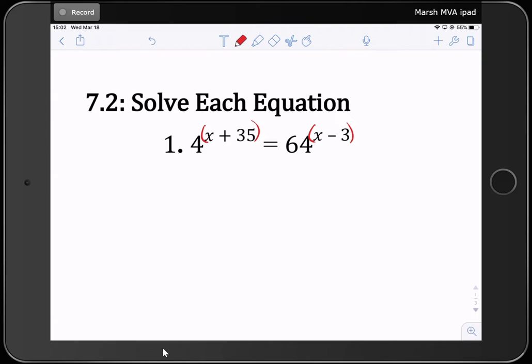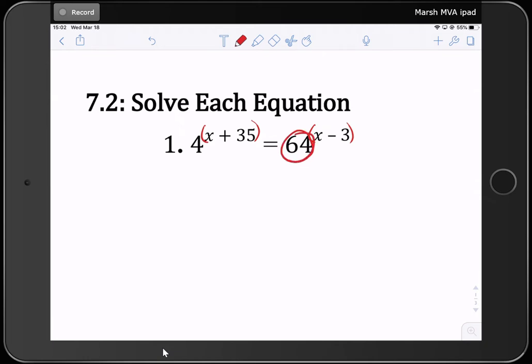Now, if these were the same bases, I could equate the exponents, because if the bases are equal and the things are equal, then the exponents must be equal, but the bases aren't equal. So my question is, can I rewrite 4 as something involving 64, or can I rewrite 64 as something involving 4, or maybe some other base? And the best way to do that is to make the larger one something involving the smaller one.